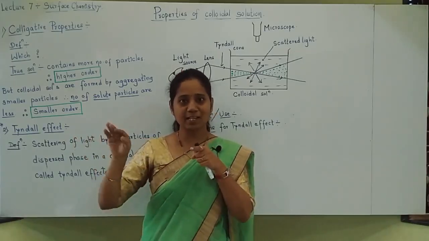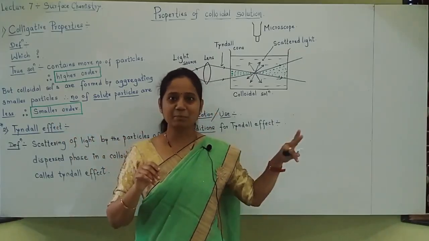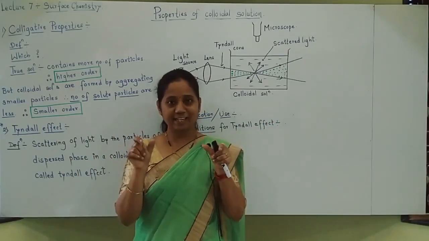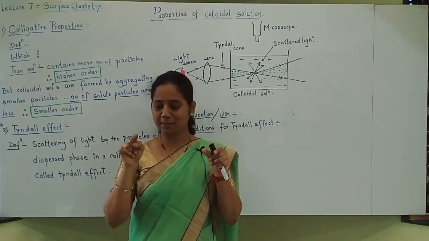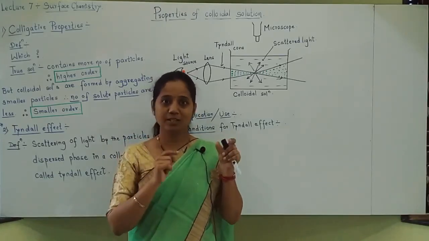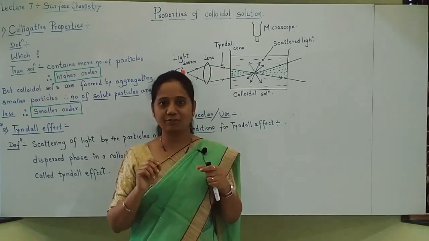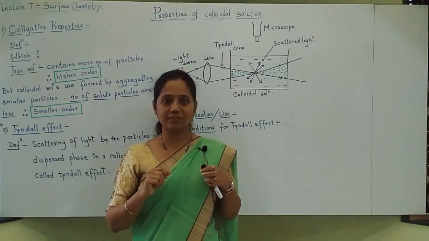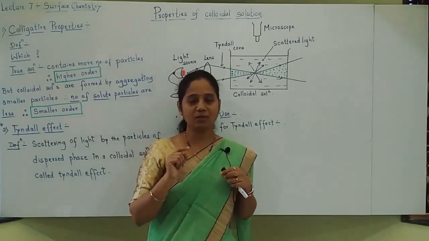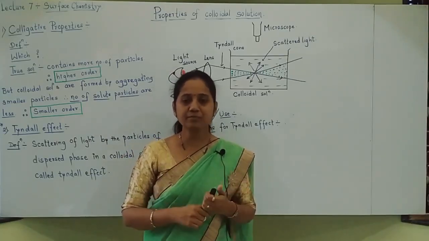True solution particles are small enough, suspension particles are large enough. The exact range of colloidal particles is between 1 nanometer and 1000 nanometer, and this size is exact for scattering of light. That's why the Tyndall effect is shown only by colloidal solutions.